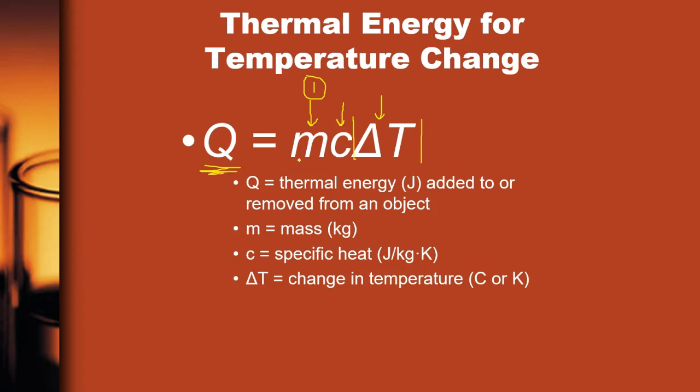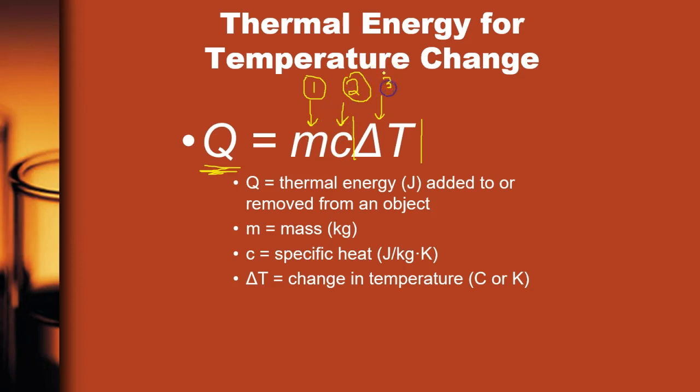So number one, it depends on the mass. Number two, the amount of heat it takes to change something's temperature is dependent on the specific heat. And we'll talk about what specific heat is in a minute. But basically, each different substance has a different amount of specific heat, which means it takes a different amount of heat to heat up. So that's the second thing it depends on. And the third thing is pretty obvious.